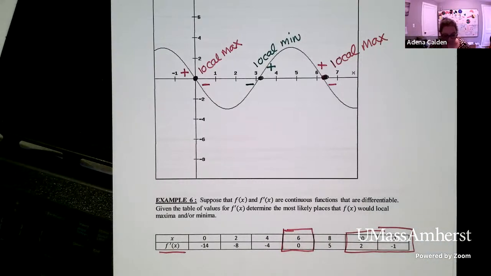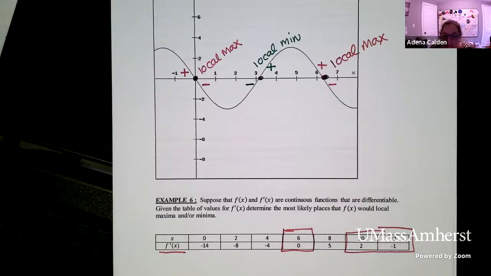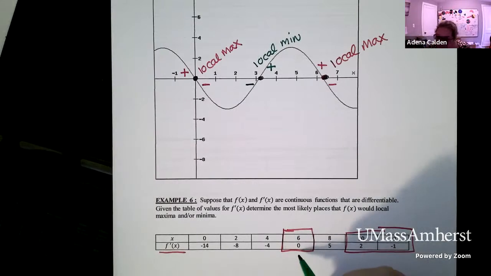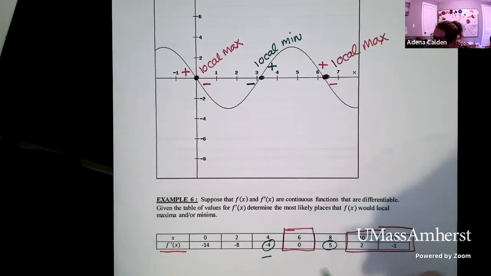So now we want to use our first derivative test to determine whether these critical points are local maxes, local mins, or neither. So again, we're looking at how the sign of the first derivative changes. For this first critical point, we see that it was negative to the left of 6 and positive to the right.